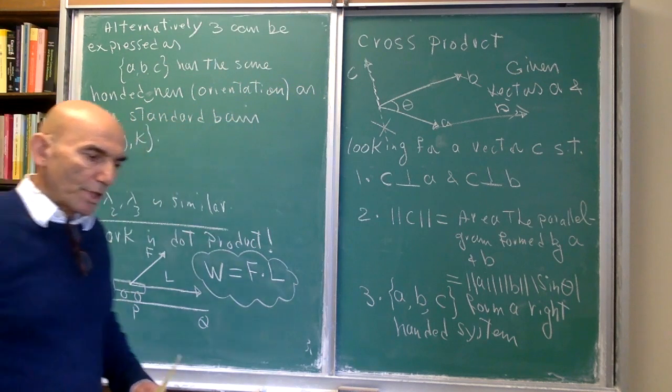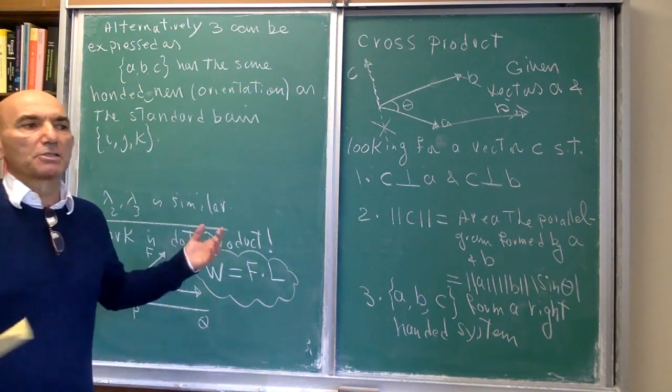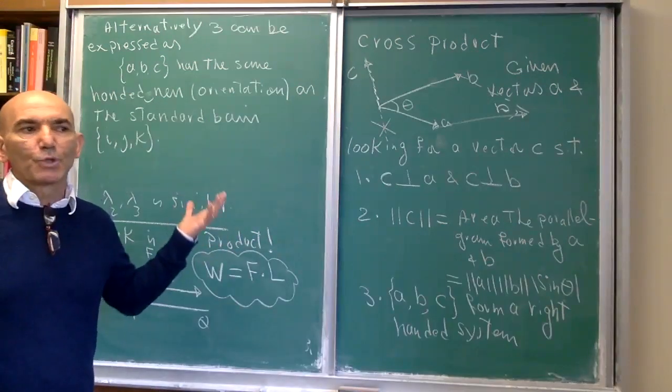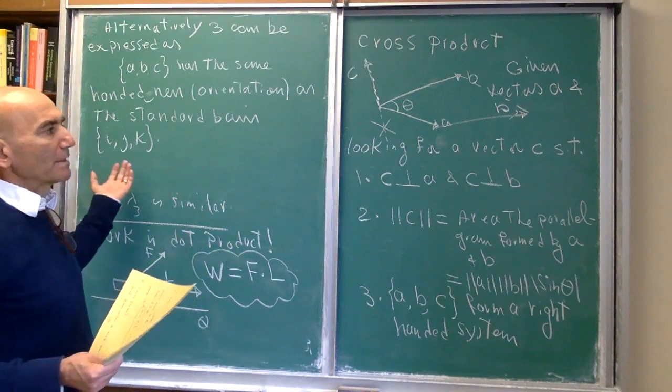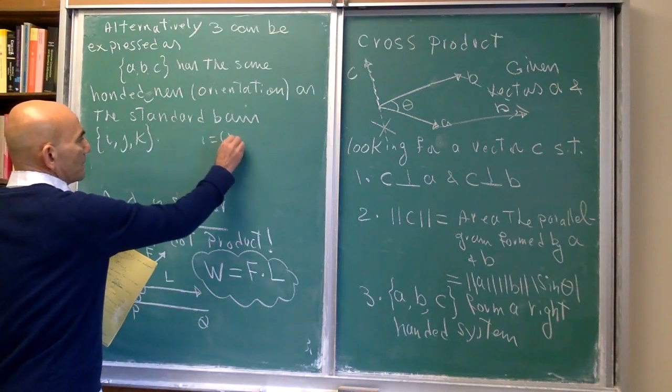Okay. So because i, j, k is fixed, it's independent of any property of humans or anything else. It's just a mathematical context, because i is, remember, this one.